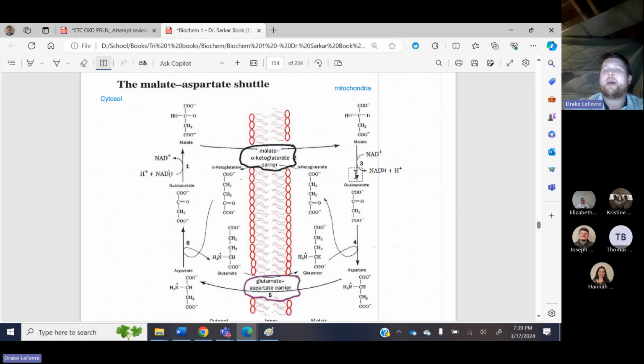So the body was made or adapted or whatever you want to believe, so that it can use what is available to get the NAD plus, to get the high energy electrons that were made in glycolysis across. So it's using what's readily available to perform this action.